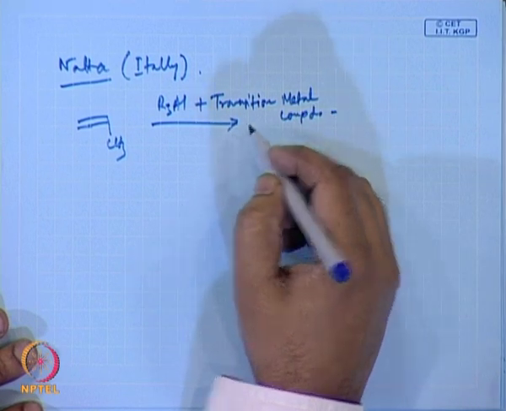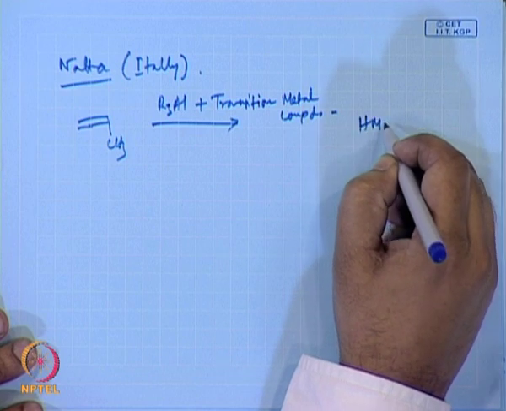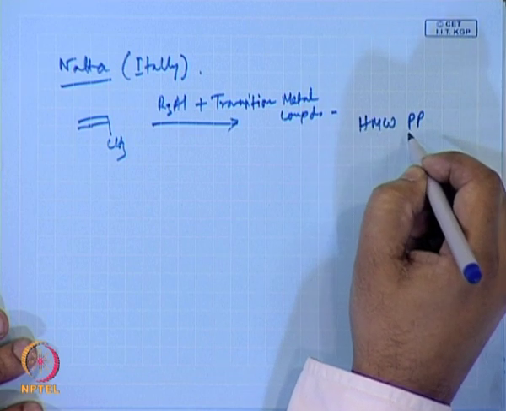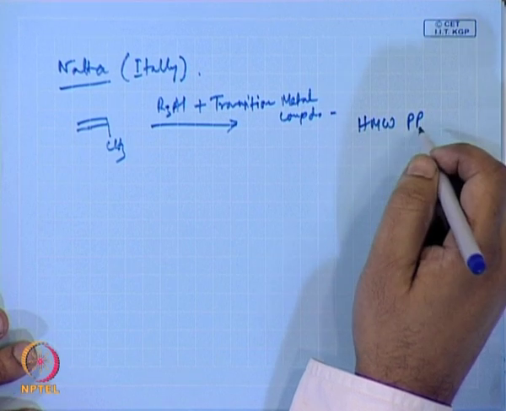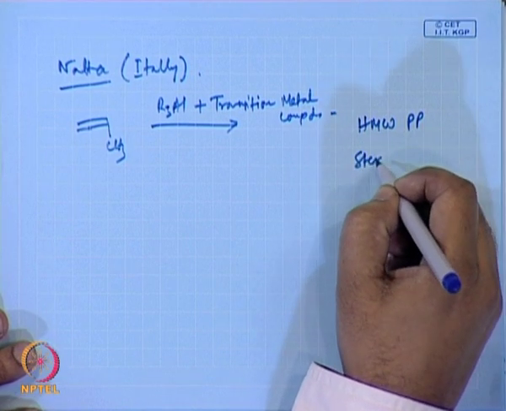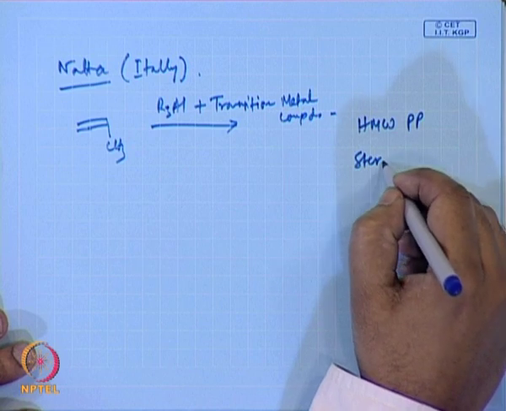Now, what did he get? He got high molecular weight polypropylene, definitely. In addition, what he found was that it was very stereoregular, stereoselective.